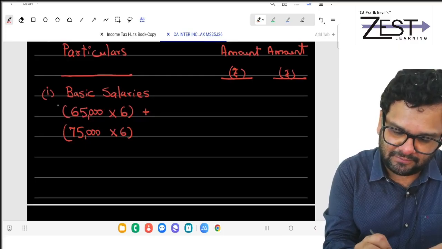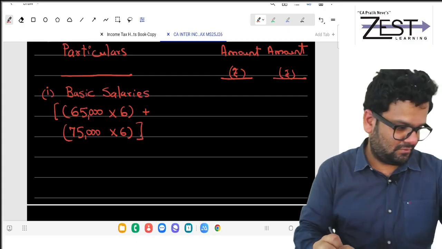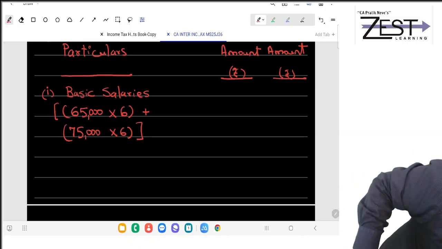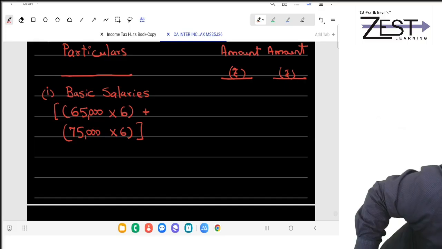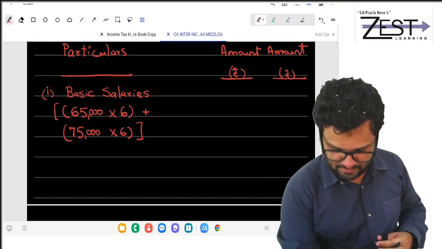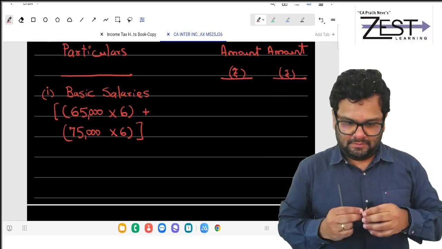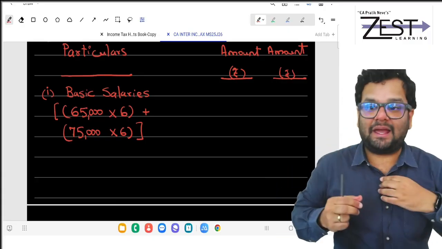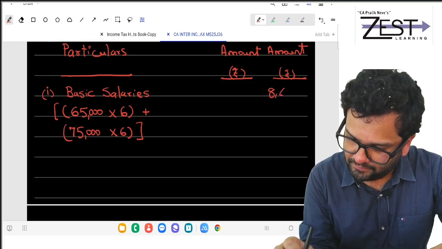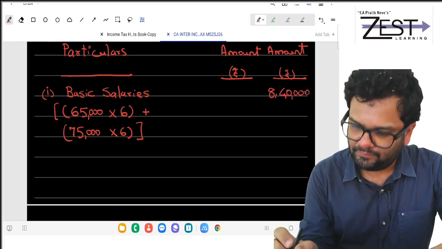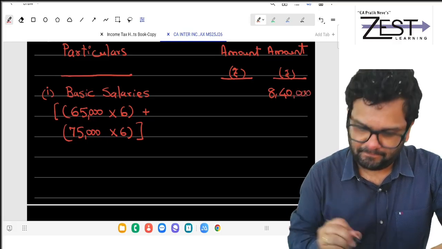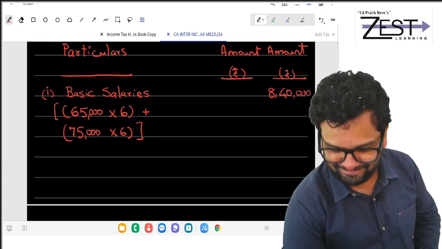So how much are you getting overall? 8 lakh 40,000. Take 8 lakh 40,000 in the second column. Why second, you know? It is fully taxable. Basic done, understood?